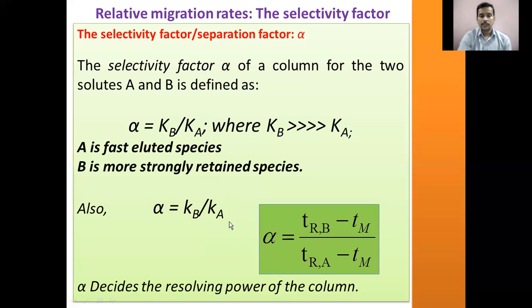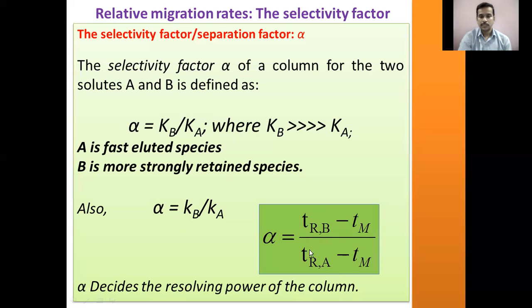So the denominators in the kb and ka expressions will get cancelled. Therefore, you will be left with alpha equal to tRB minus tM divided by tRA minus tM. In this equation, if you substitute in place of kb, tRB minus tM divided by tM, and in place of ka, tRA minus tM divided by tM, tM will get cancelled, and you will be left with only tRB minus tM divided by tRA minus tM.